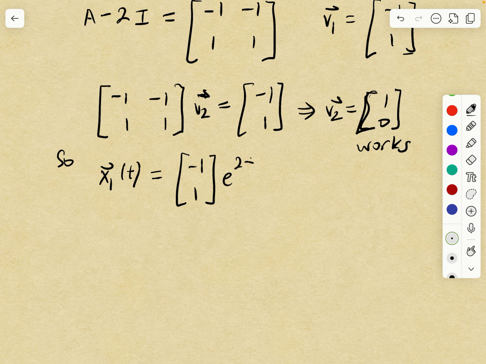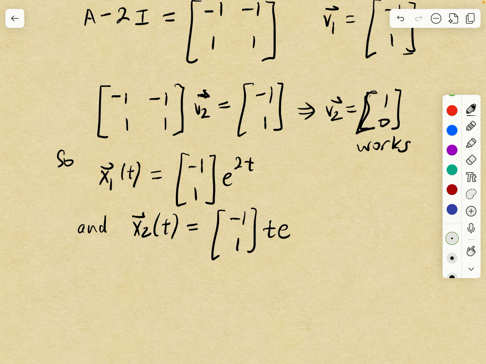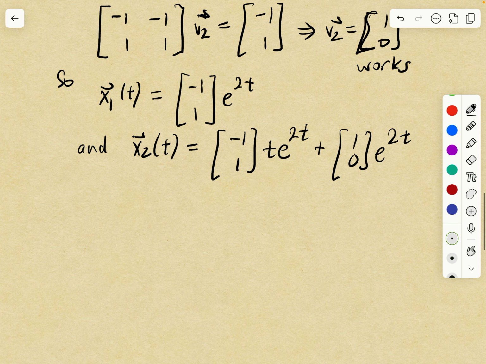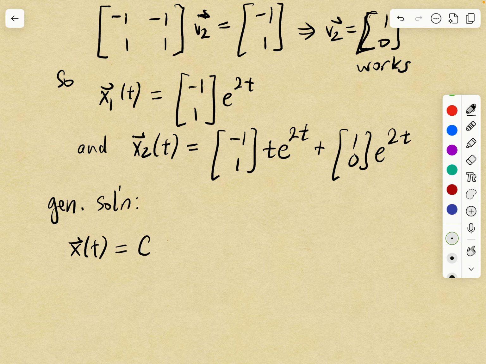Okay. x1 is v1 e to the 2t, and x2 will be v1 t e to the 2t plus v2 e to the 2t. So the general solution is x of t equals c1 x1 plus c2 x2, right?